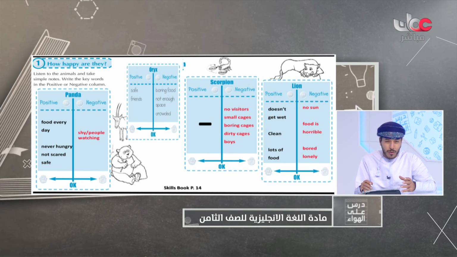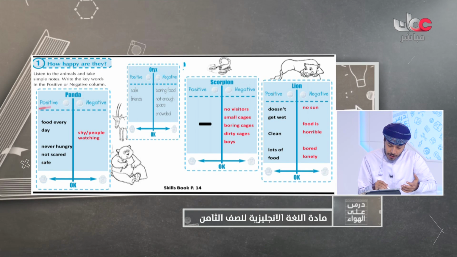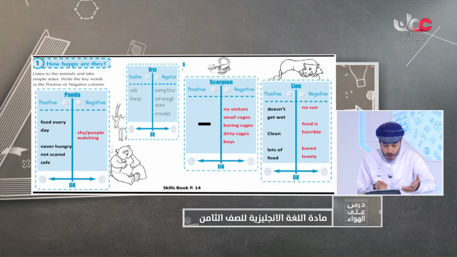Okay, because you know, scorpion is not like a lovely species, you know, or animal that a human can keep at their home. But maybe panda has some positive features like food every day, never hungry, not scared, or safe. But the negative feature is they are shy because they are watched by many people.